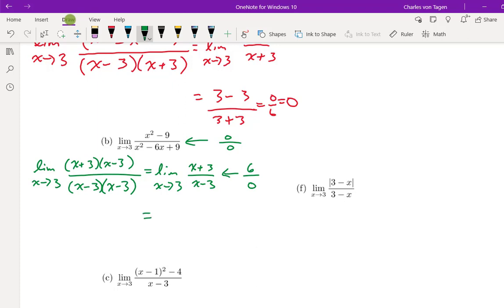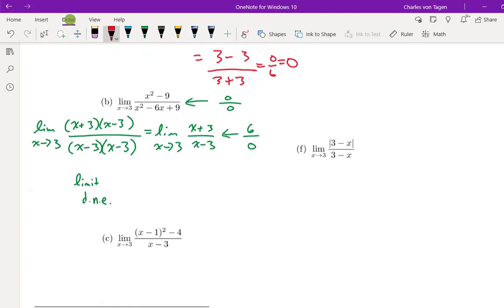So this limit, in fact, does not exist. I would prefer you just write limit doesn't exist, or you write the original question and put does not exist. But if you put equals does not exist, I'm not going to mark the run.